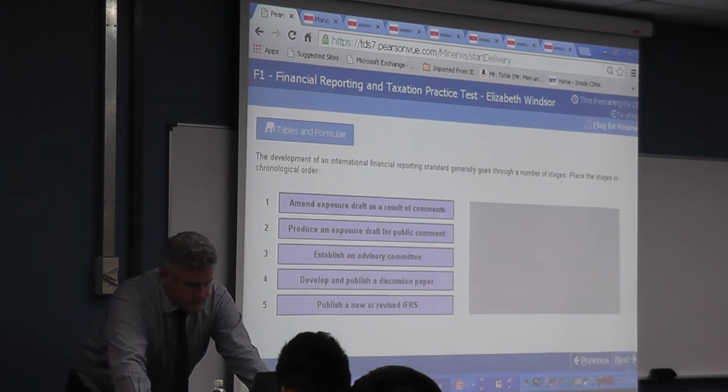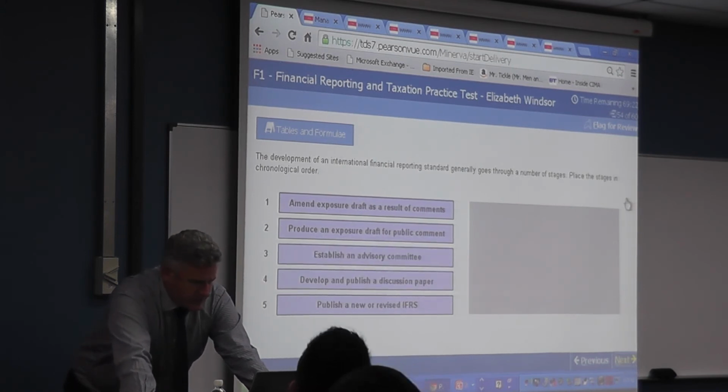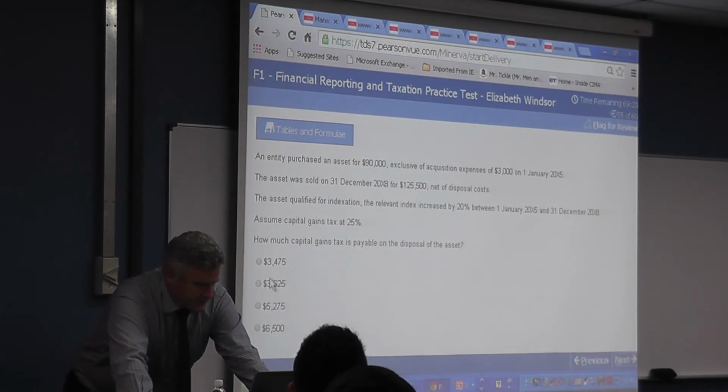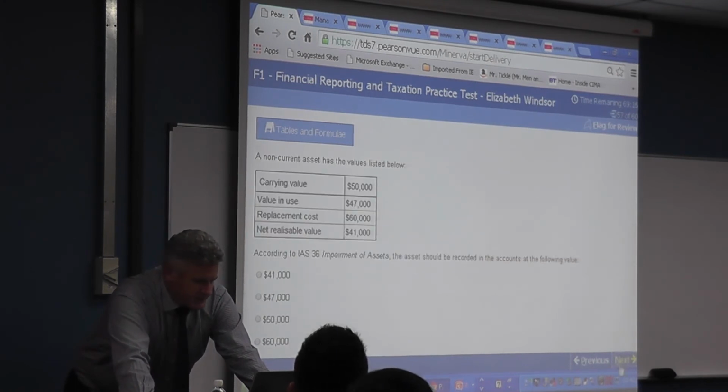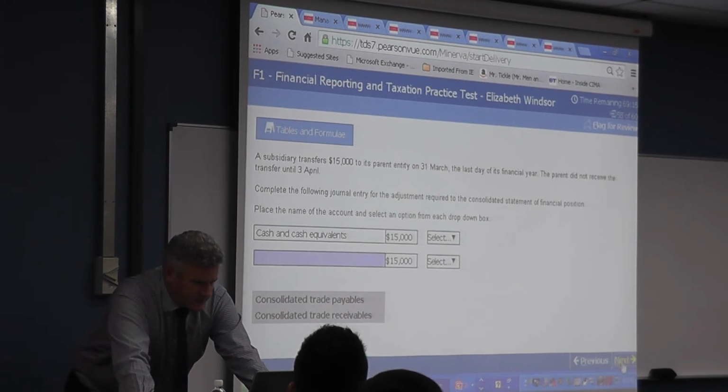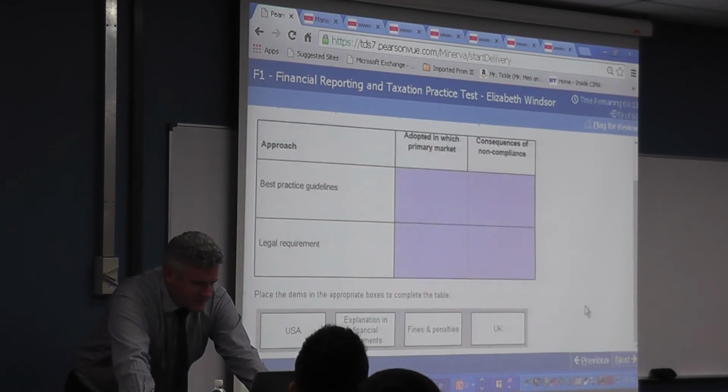There we go. Dragging and dropping. That's something to do with putting things in the right order. 56. Right. Don't fail on me now. So close to the end.